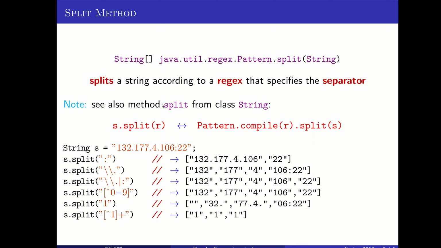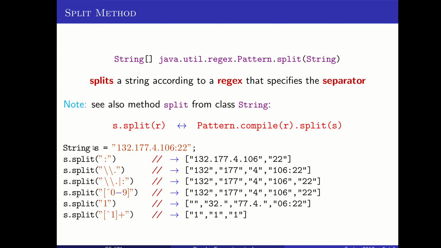So it's similar to the split method from the String class as well. We could create a pattern and compile it on a particular regular expression and call split, but actually we can shorthand that by calling s.split with some particular string that will also use a regular expression to match.